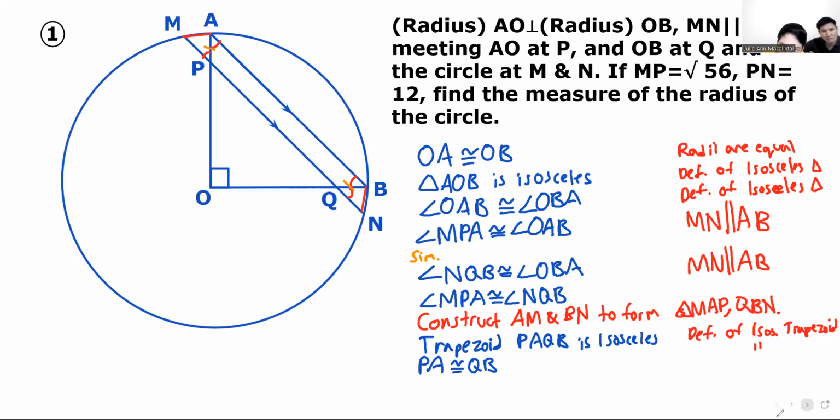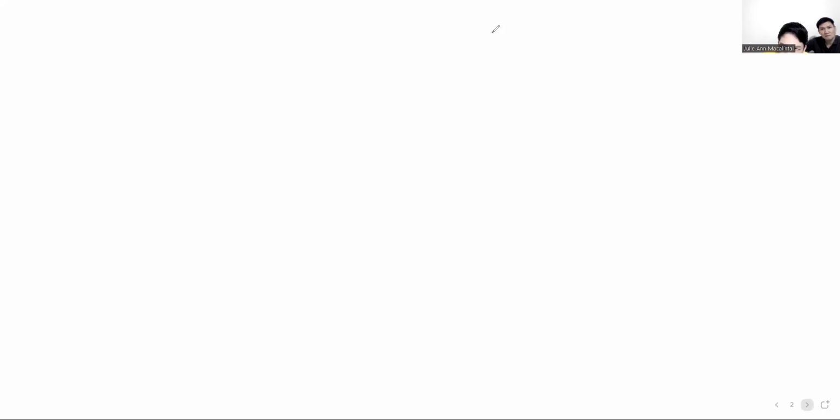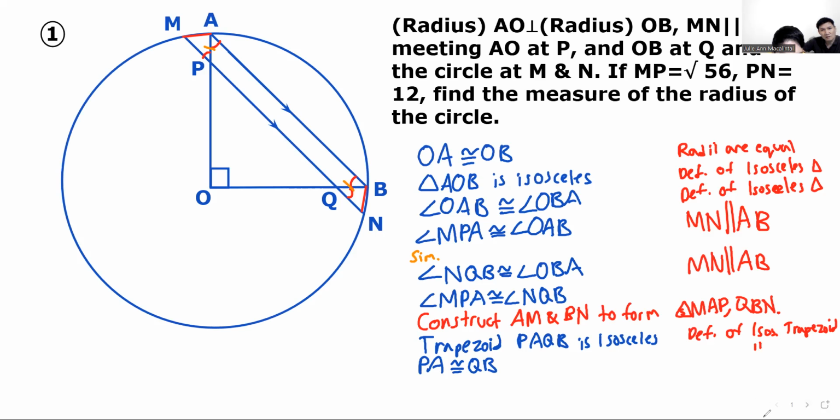Since MN is parallel to AB, then the intercepted arcs MA and BN are congruent.